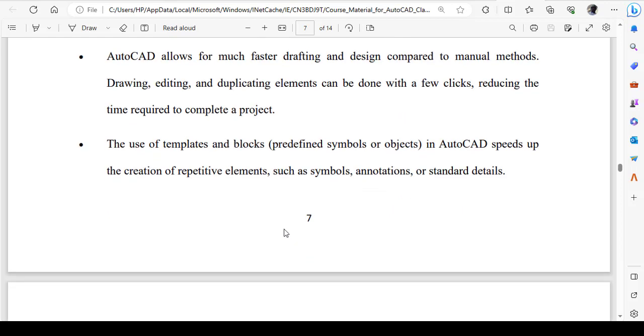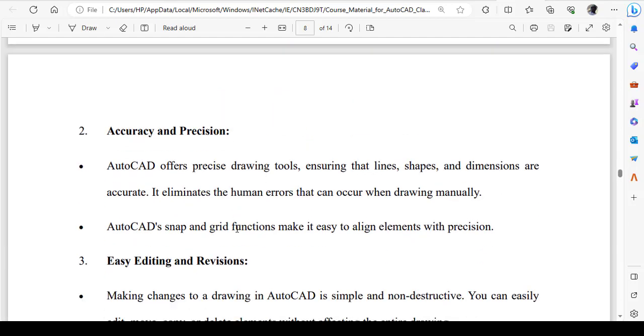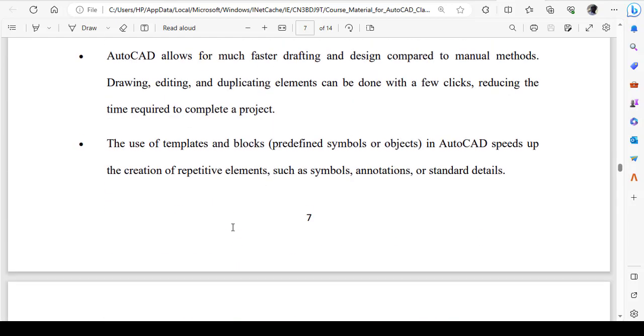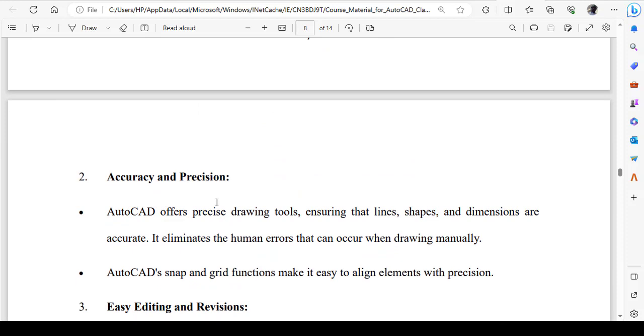There's more speed with AutoCAD than manual designs because you spend less time on a project than the time you spend when you are doing your manual design. Also, accuracy and precision. With your manual tools, there's every tendency for errors.